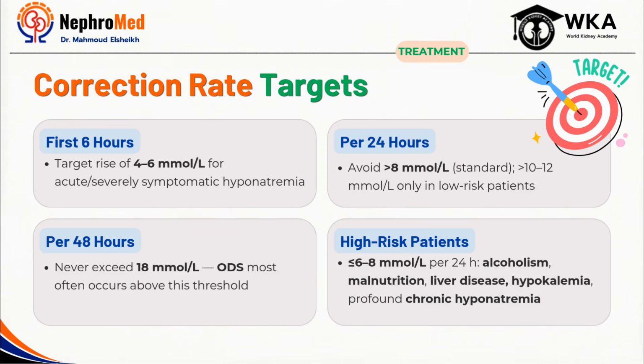This includes patients with alcoholism, malnutrition, advanced liver disease, hypokalemia, and profound chronic hyponatremia, as we mentioned. In these patients, many experts aim for no more than 6 to 8 millimoles per liter per day, and sometimes even less. So really, successful hyponatremia management is not about how fast you can correct sodium. It's about correcting it safely while continuously anticipating changes in physiology.